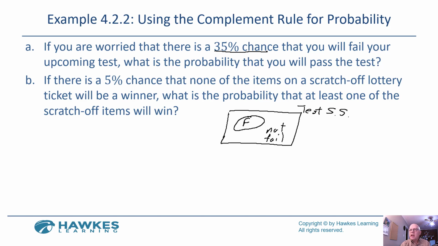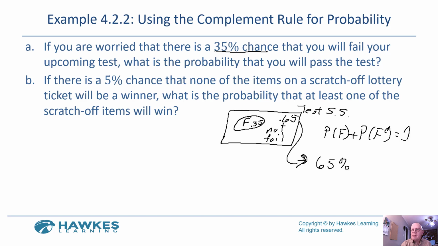Chance you'll not fail here. Since this is 0.35 or 35%, what's the rest of it? Remember, the probability of fail plus the probability you don't fail is 1. So you just subtract the 0.35 from 1, and this will be 0.65, or 65% chance of passing.